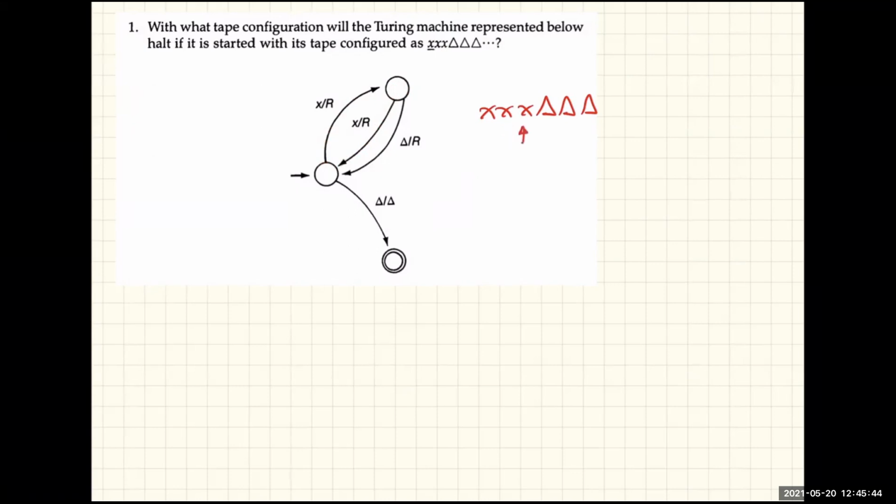And again, we need to move to the right. And again, we will end up into this state. Because we move to the right, then our head is here. And it says then if you find a triangle, which is the blank symbol, then you move to the right. Then again, move to the right.